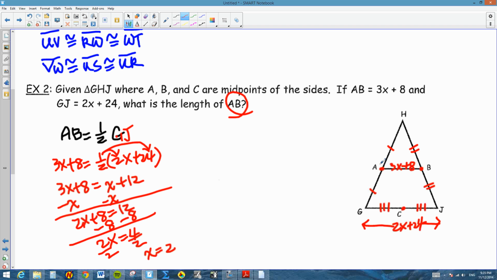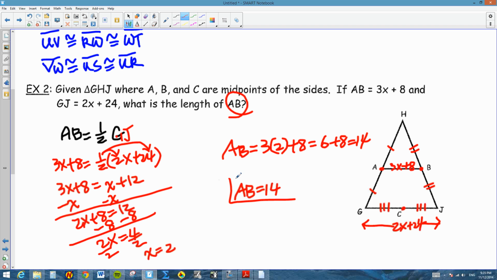So length of AB equals 3 times x, x is 2, plus 8. That's 6 plus 8, which is 14. So your AB equals 14. Check if you have a unit. No. So 14 is your answer. That's example 2.